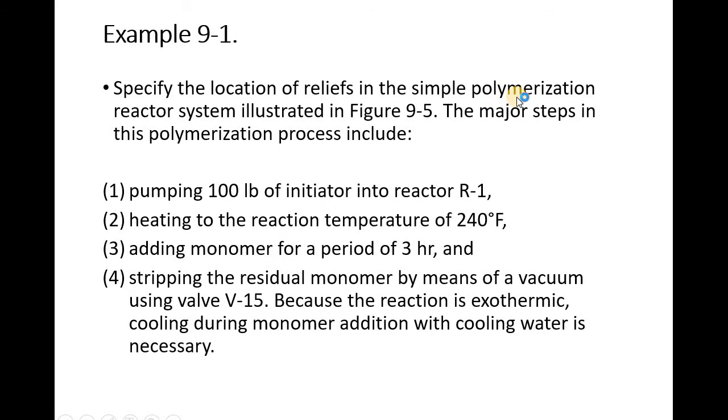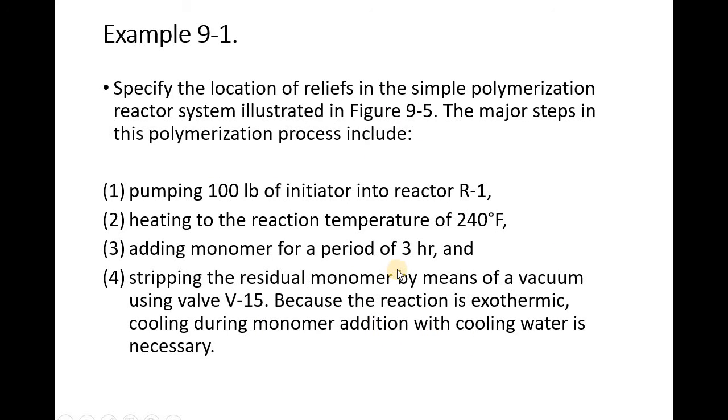Poly means many, of mers. This is mono, which is one, of mer. And you're adding monomer for a 3-hour period and stripping the residual monomer by means of a vacuum, because the reaction is exothermic during monomer addition.